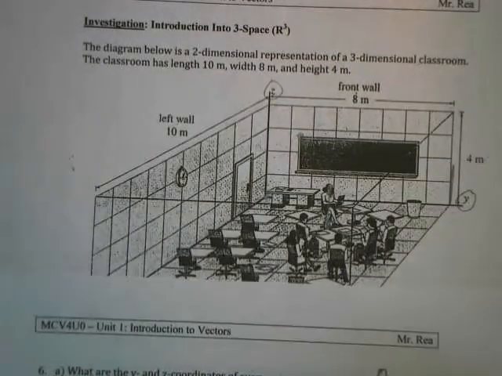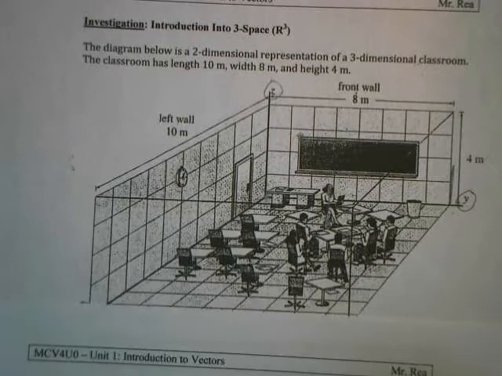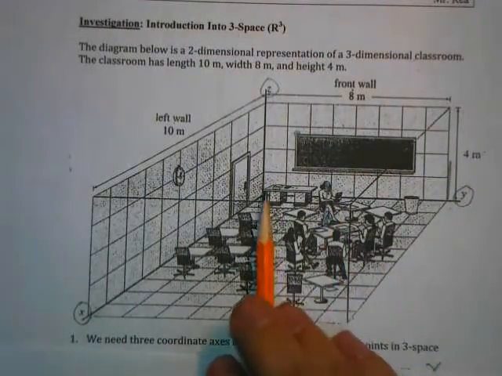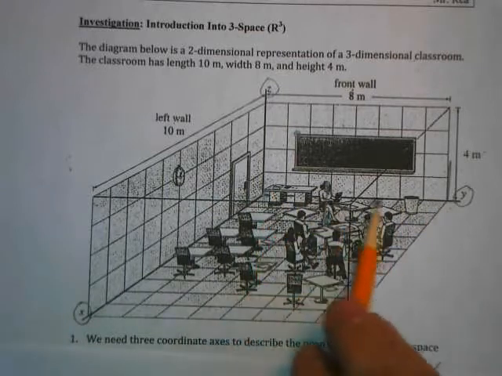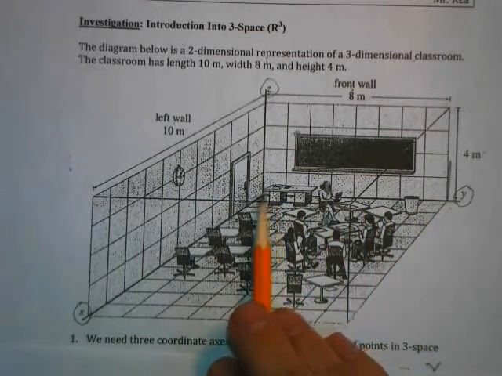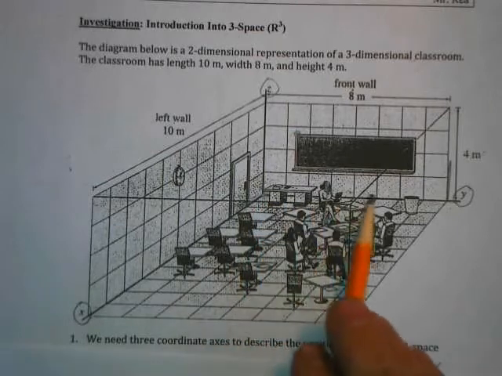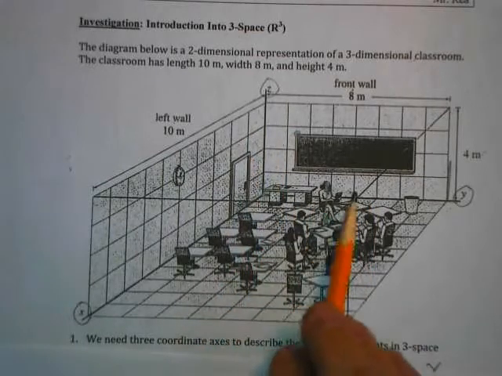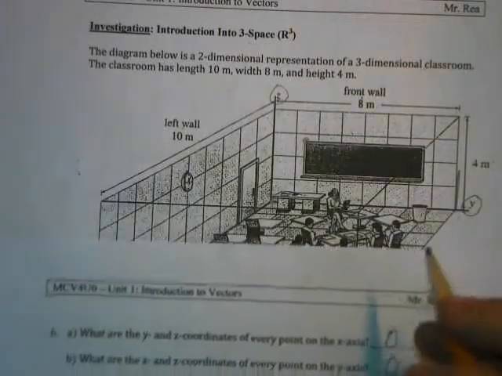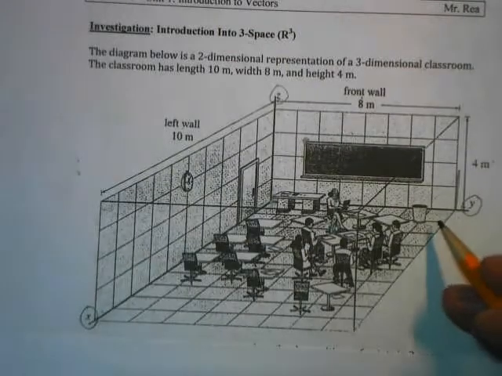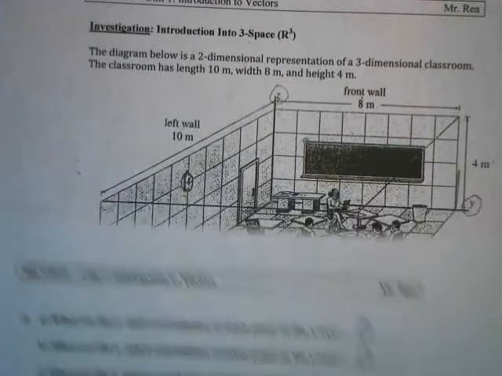And then we look at the same thing for the y-axis. What are the x and z coordinates? Same idea here. The y coordinate is changing as I move along, but the x coordinate is always 0, and the z coordinate is always 0. So those are also 0. And you can probably guess the next one. What are the x and y coordinates of every point on the z-axis?